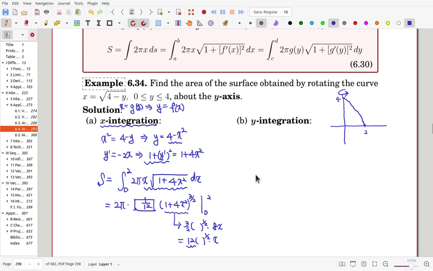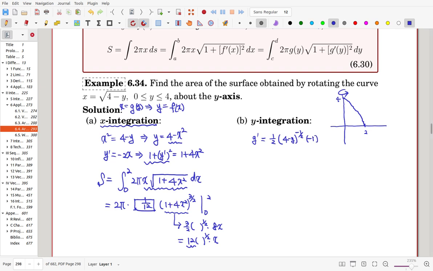How about y integration? Okay. Originally x is given in g(y) format, so now we take g prime squared and add 1. g prime is the same as a half power, so this half will come out, with 4 minus y to the minus half power, and here minus 1.